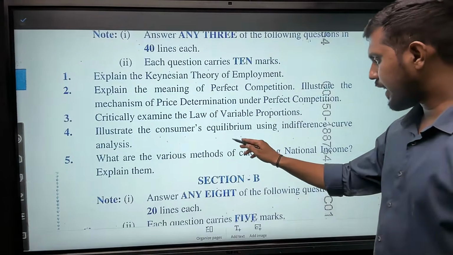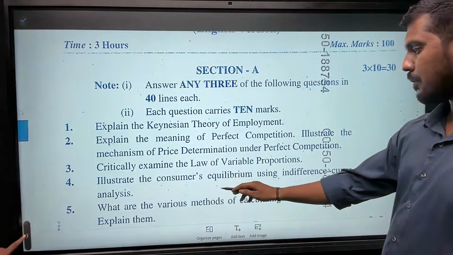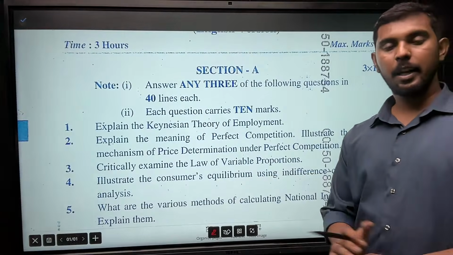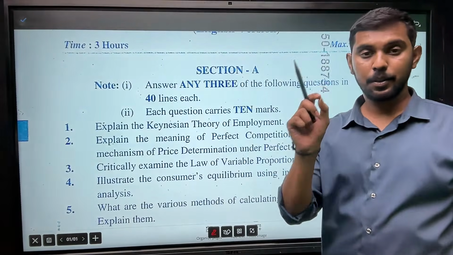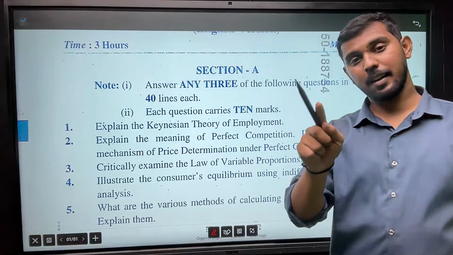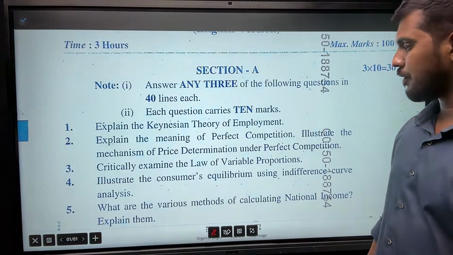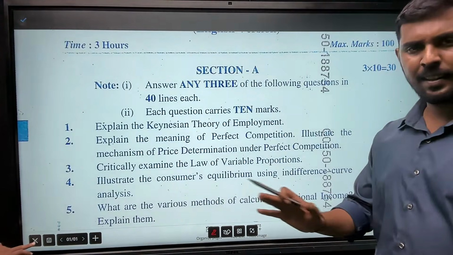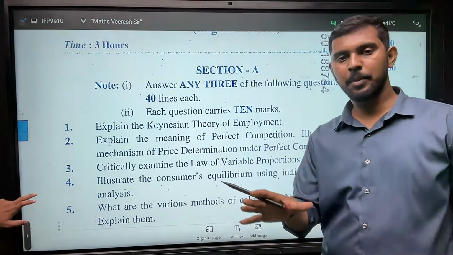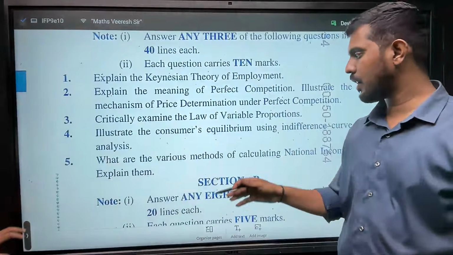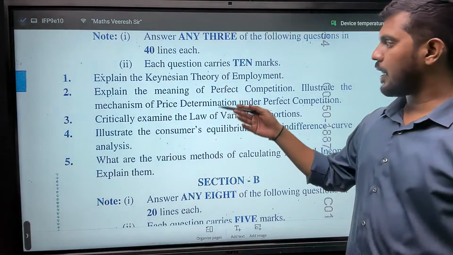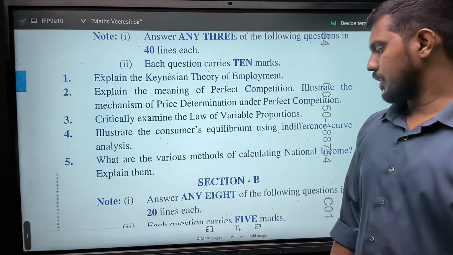In the second chapter, law of consumer equilibrium has been given in place of law of diminishing marginality. In the supplementary, you will get law of diminishing marginality and various methods of national income. Three are the compulsory questions: what is DMU, law of diminishing marginality, national income, and perfect competition.